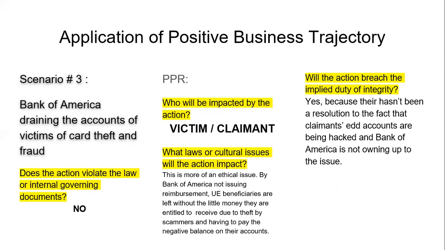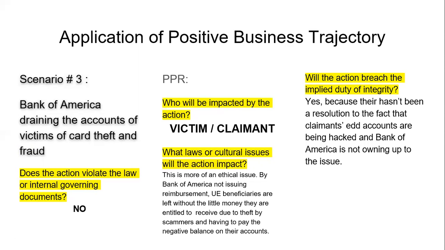And in the Bank of America cases where they're draining the accounts of victims of card theft and fraud, there is no violation of the law or internal governing documents, and those impacted by the actions are the victim and the claimant.